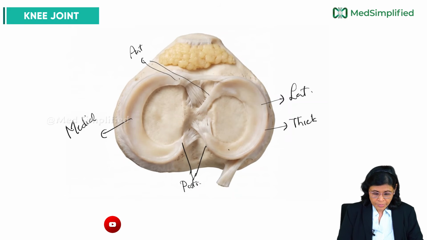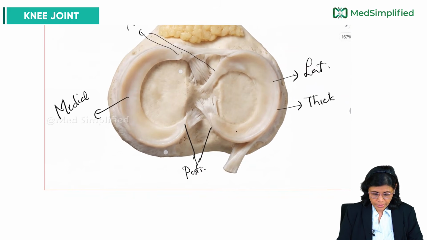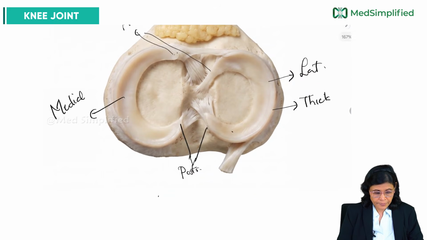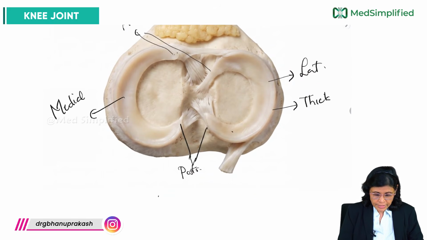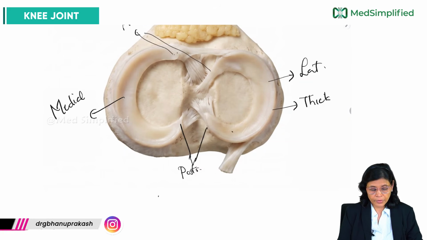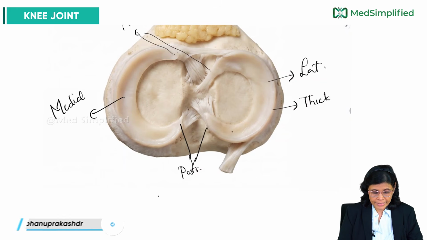First, coming to the medial meniscus in a little more detail. It is semilunar in shape and wider behind than in front. It has two horns, the anterior and posterior ends, which are attached to the intercondylar area.